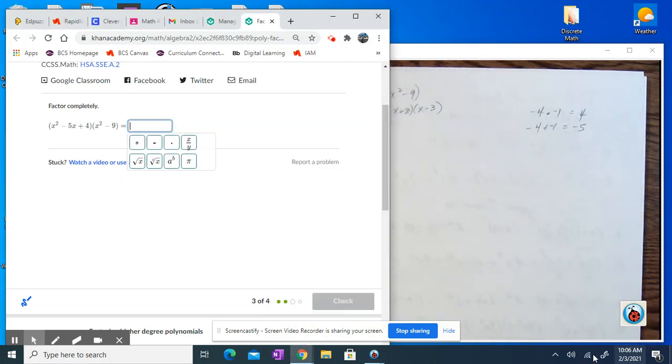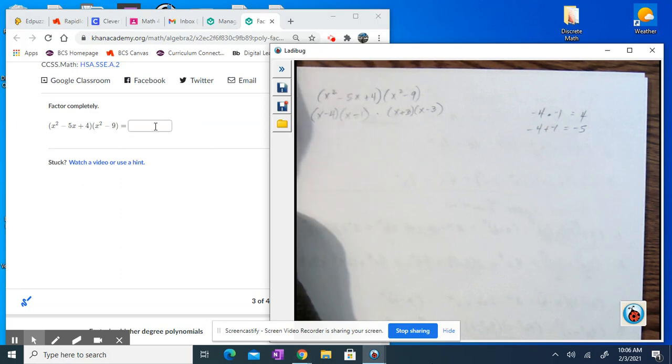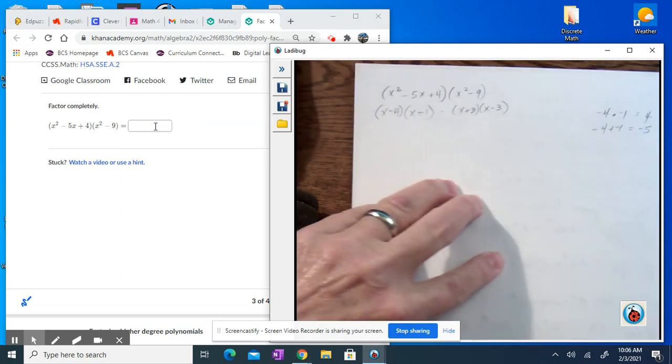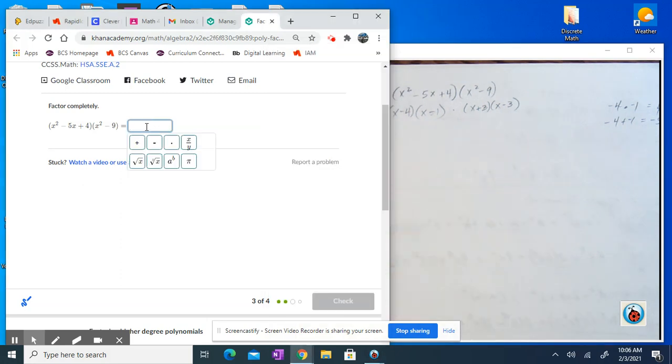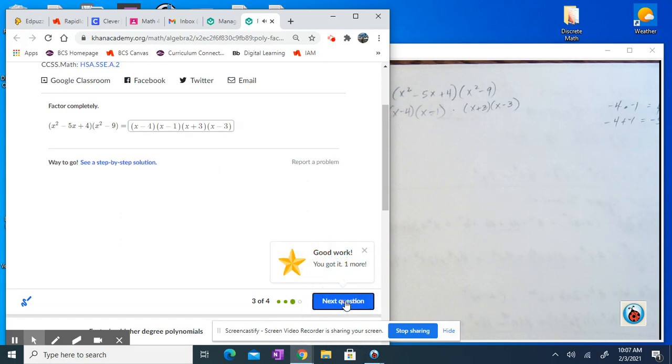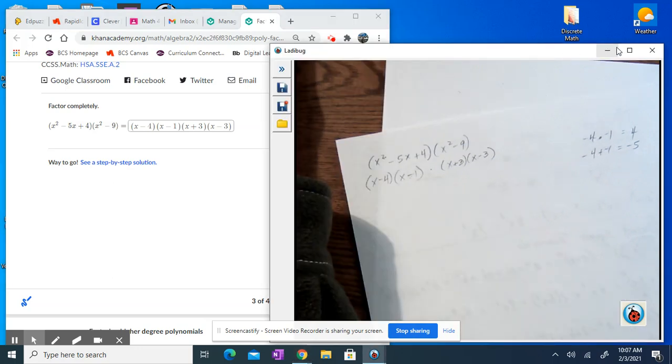So we have x minus 4, x minus 1, x plus 3, x minus 3. Okay, let me zoom in on that a minute in case you need to copy it.